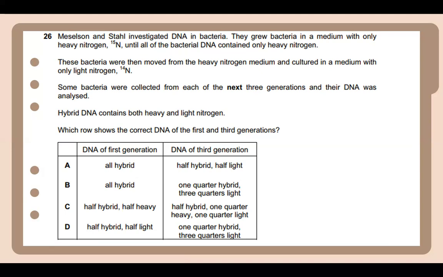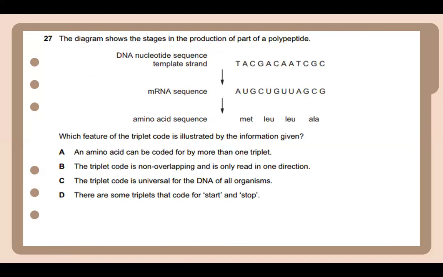Hybrid DNA contained both heavy and light nitrogen. Which row shows the correct DNA of the first and the 3rd generation? The answer is B. DNA of the first generation is all hybrid, and DNA of the 3rd generation is 1/4 hybrid and 3/4 light.